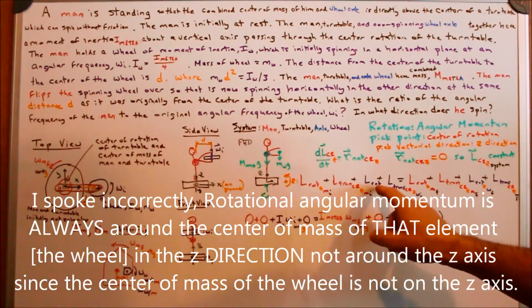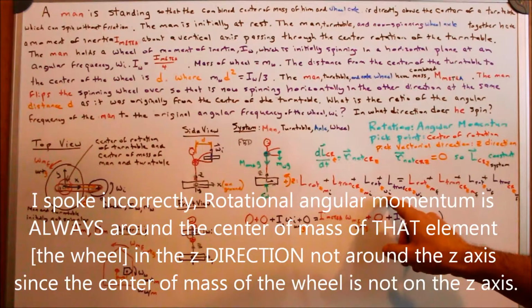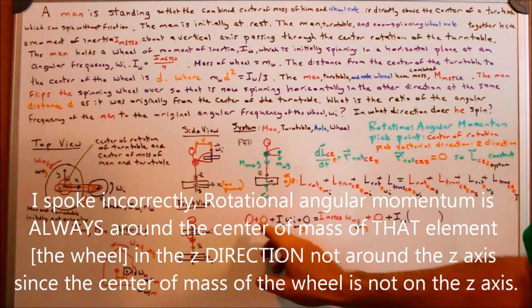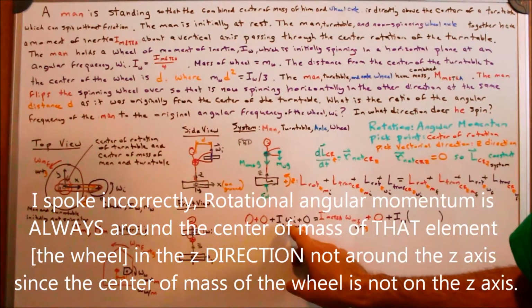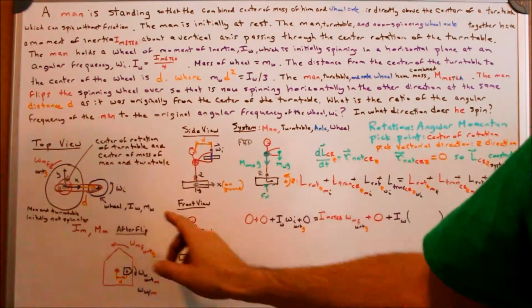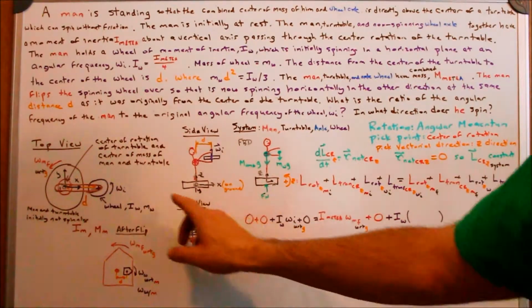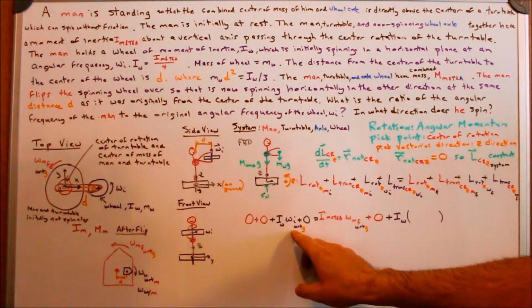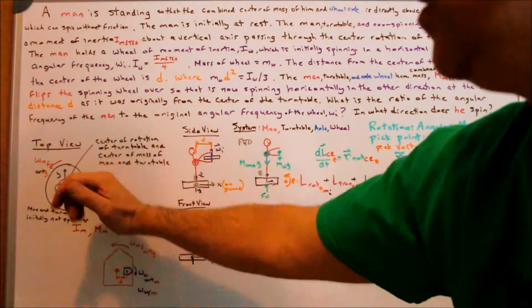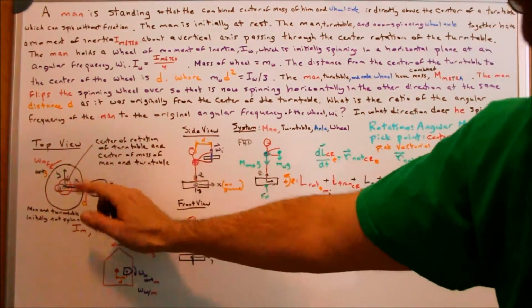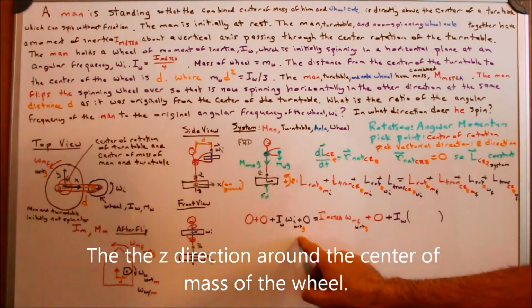Now the rotational angular momentum of the wheel around the z-axis initially is the moment of inertia times the initial angular frequency of the wheel, and everything always has to be with respect to ground. It was in this direction, we're told, from the top view, which is positive, so that's a positive.